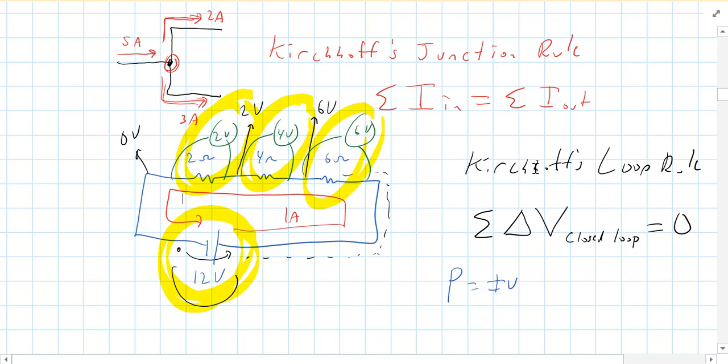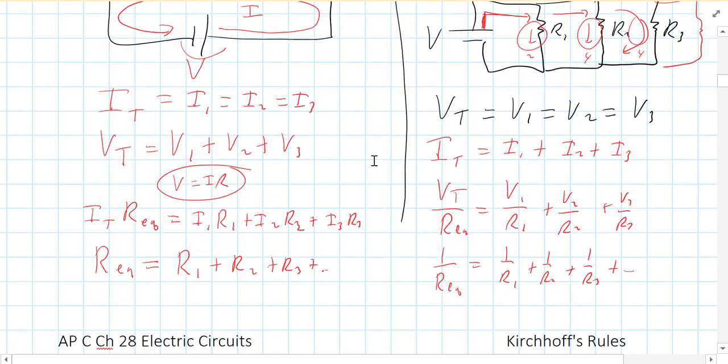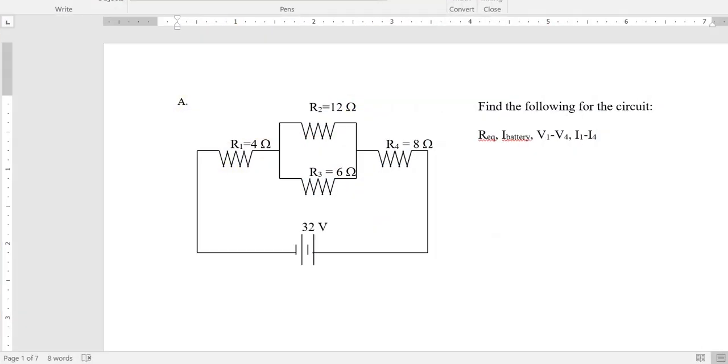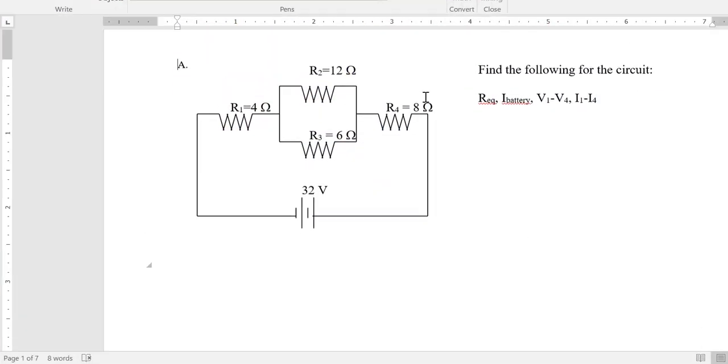Okay. Now, we can use these rules along with these ideas to analyze a lot of circuits, very complicated circuits. So we'll start with this one here. If you don't have a copy of this and you need to write it down, go ahead and do that now. Let's go ahead and pause the video. All right, so here's what we're going to do.